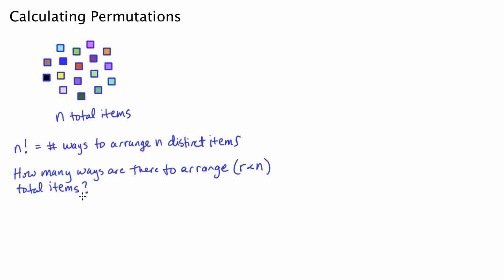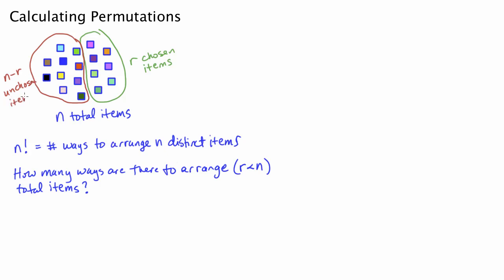Well, if we look at the items that we have above, one of the things we might think of is, okay, let's select a part of this. So the green represents our r chosen items. And if we choose r items, then how many are going to be left over? Well, that's this other group over here, which consists of, if there's n total and we've chosen r, n minus r unchosen.